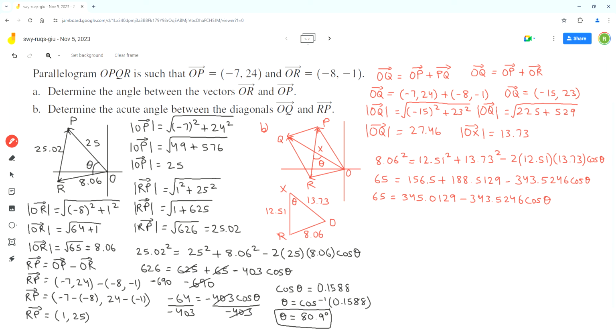Now we can subtract 345.0129 from both sides. So on the left side, we get negative 280.